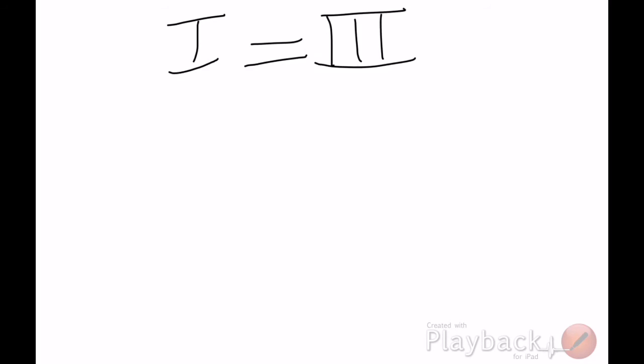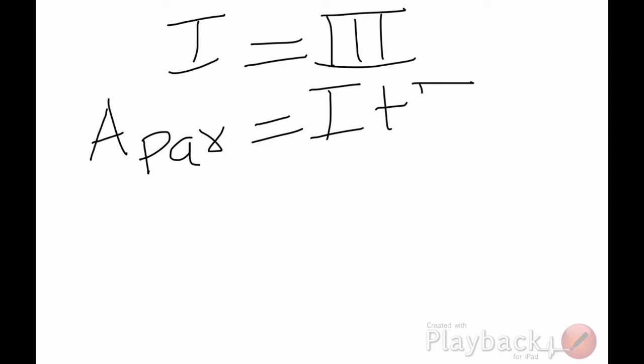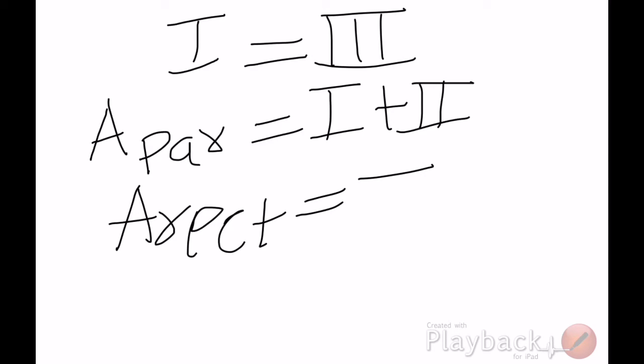Now we have region 1 equals region 3, the areas. And the area of the parallelogram is the sum of regions 1 and 2. And the area of the rectangle is the sum of regions 2 and 3.